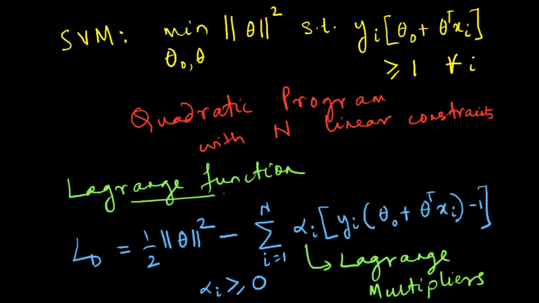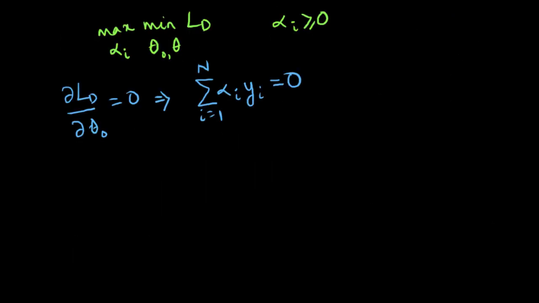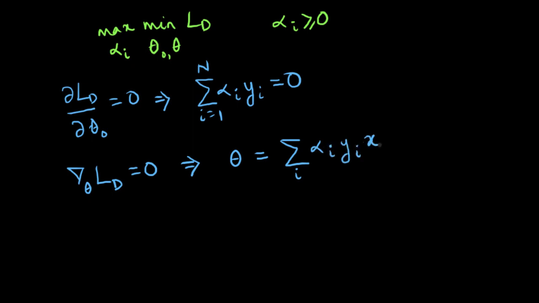Now when we want to differentiate with respect to theta, this norm will give us theta, this will go away, this will give us simply alpha i yi times xi, and this 1 will also go away. So when we take the gradient of LD with respect to theta and equate that to 0, what we get is that theta is equal to the summation over all i of alpha i yi xi.